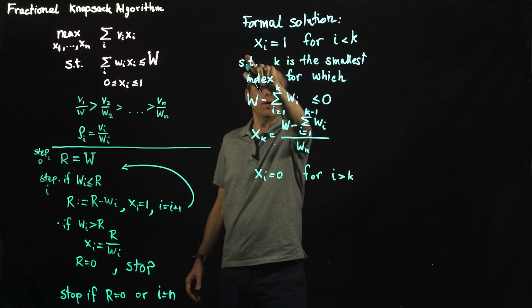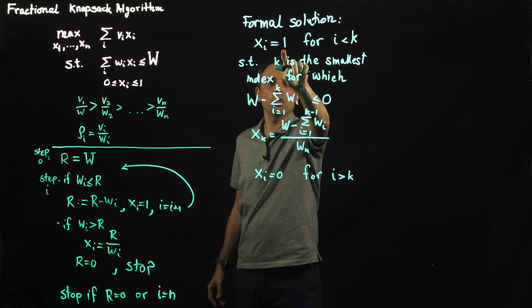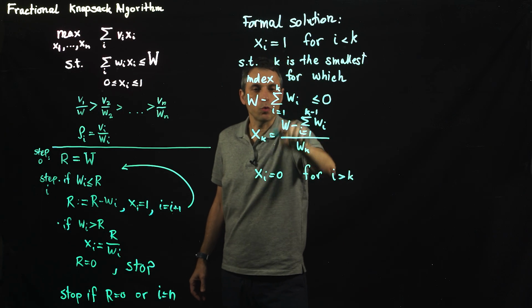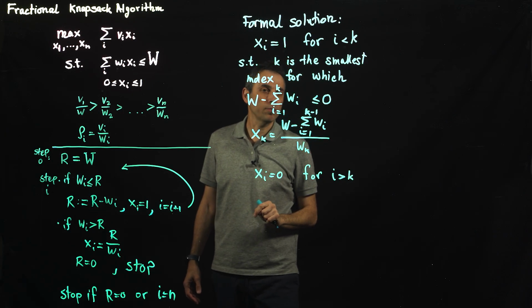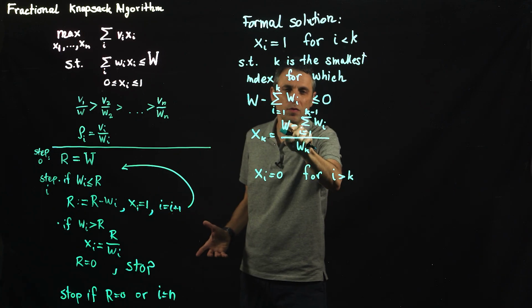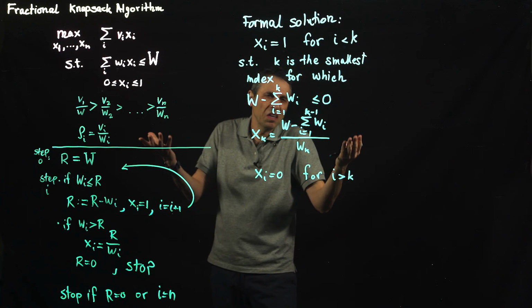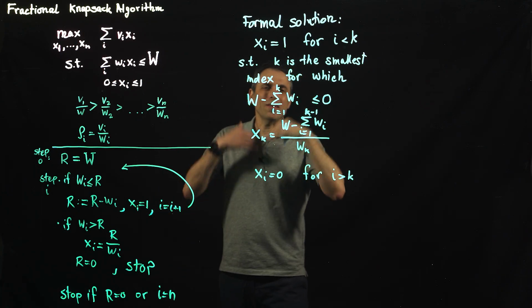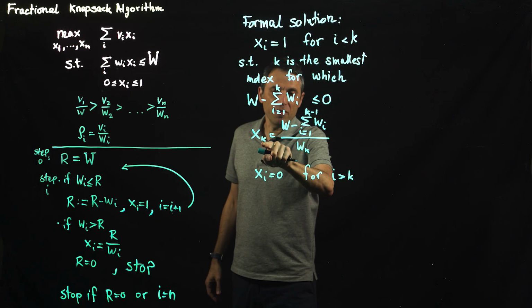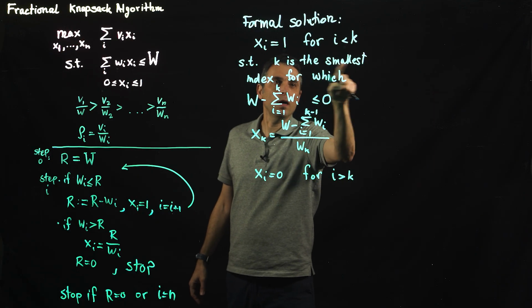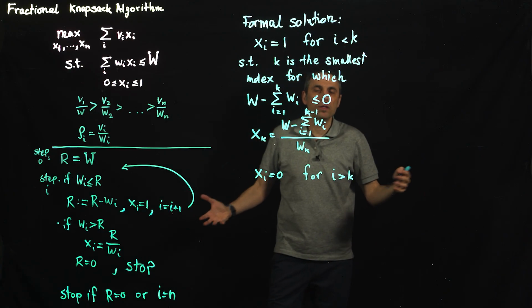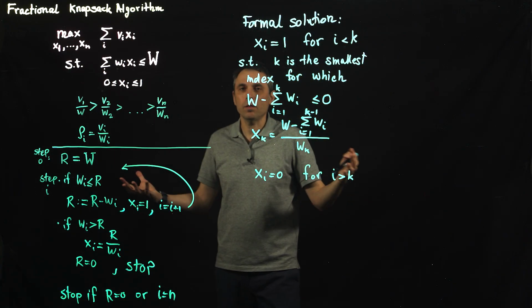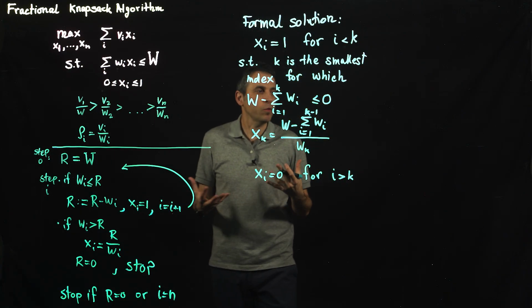So for i strictly less than k, it's equal to 1. For i equal to k, xk is equal to this value. That might be 0: if this minus this is exactly 0, then it's 0. But anyway, anything above k, this minimal smallest index, is 0, we ran out of room in what we can carry. So that's the formal solution that we have here.